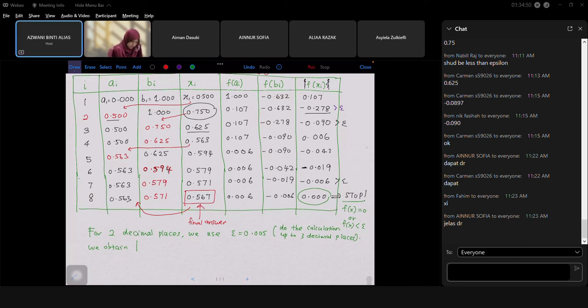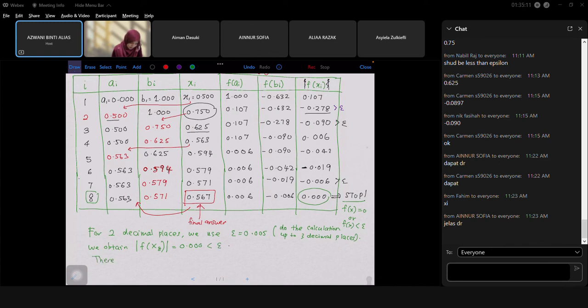Okay, consider to the value of here, we obtain, kita boleh tulis fx8, pada fx8 kita akan dapat value 0.000, which is also less than epsilon. Okay, faham tak?